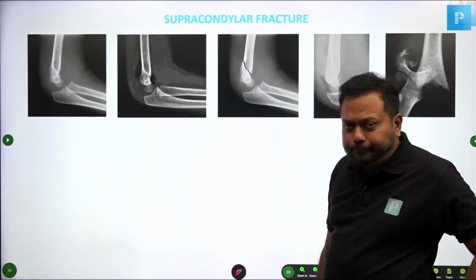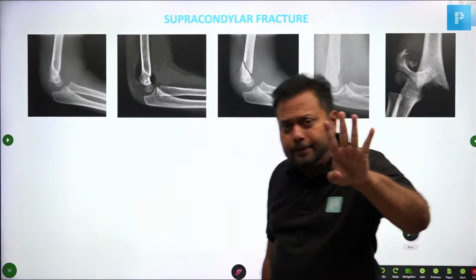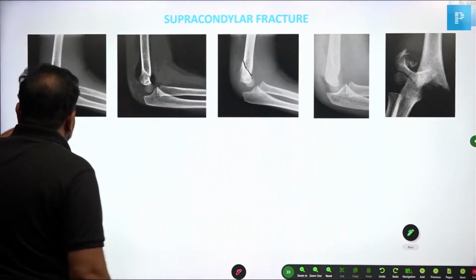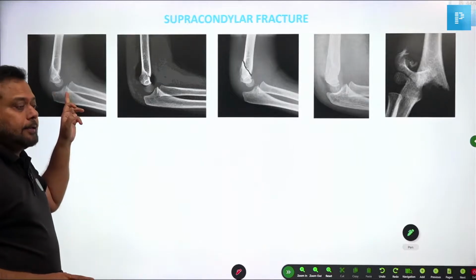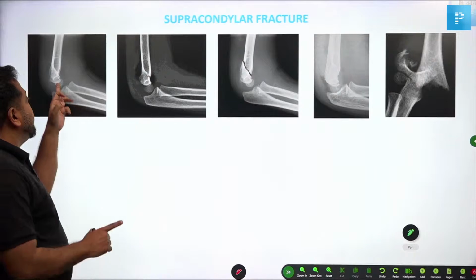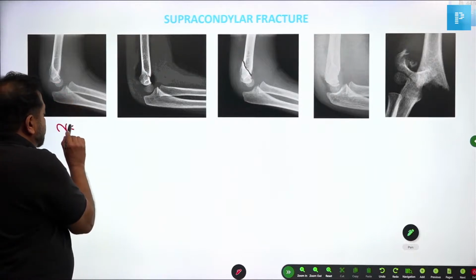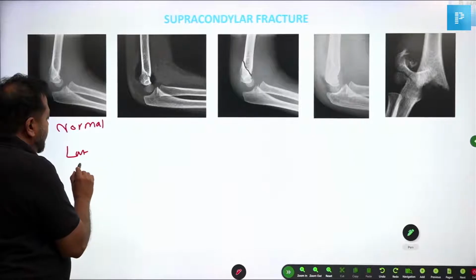Now please, in 10 seconds we will finish these 4 signs. Focus your fullest attention. This is a normal X-ray, lateral view of the elbow joint.